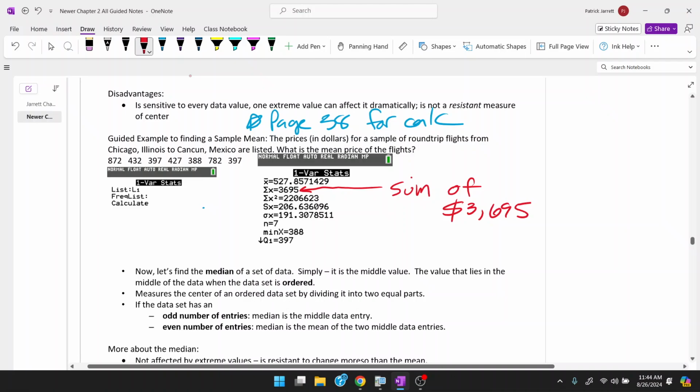The one above that is the sample mean, or the mean. If you took $3,695 and divided it by 7, you would get precisely whatever that x bar value is. So the mean ticket price is literally $527.86.